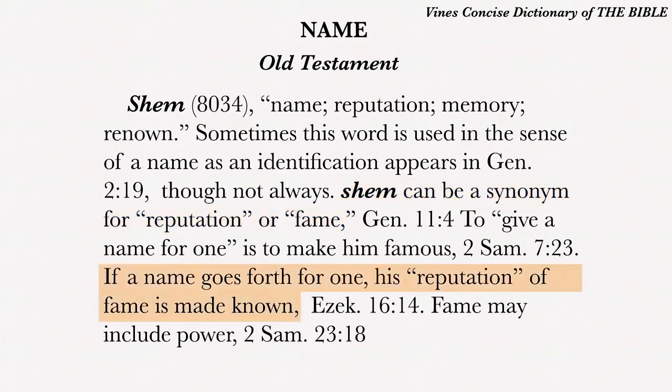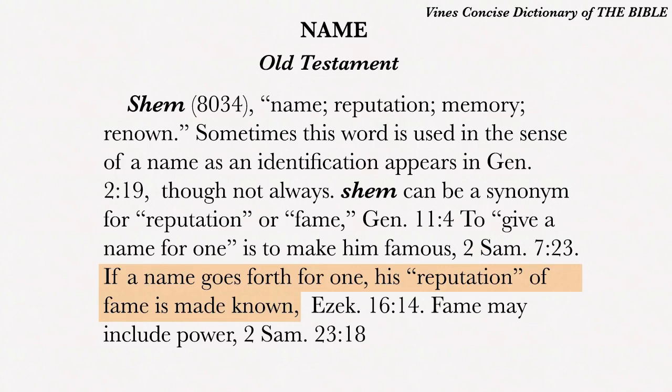Right here it says, if a name goes forth for one, his reputation of fame is made known. So as you can see, the word Shem or name goes beyond a literal name.